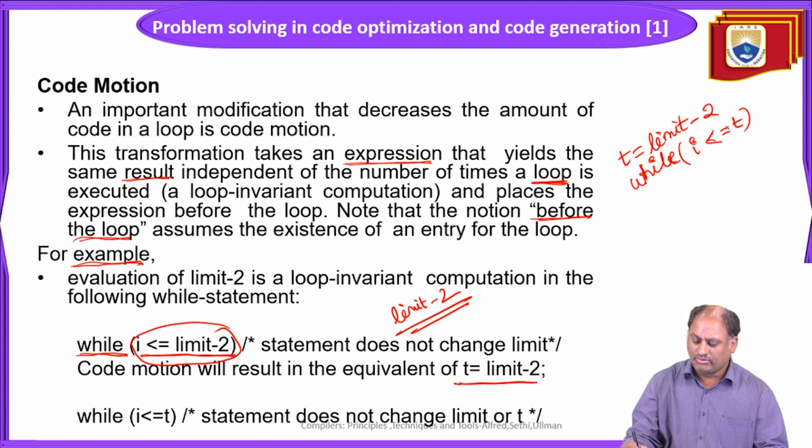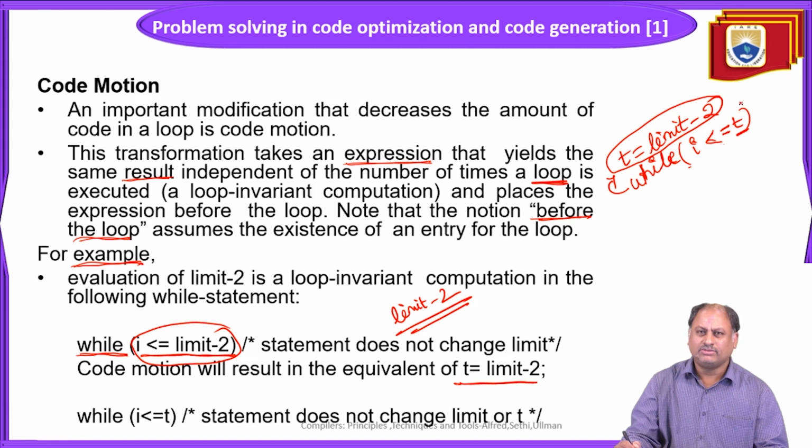We simply substitute this expression with this one, and it is computed before the while loop, before the loop starts. From a compilation point of view, the time for calculating limit minus 2 is reduced, and this does not change the limit value.